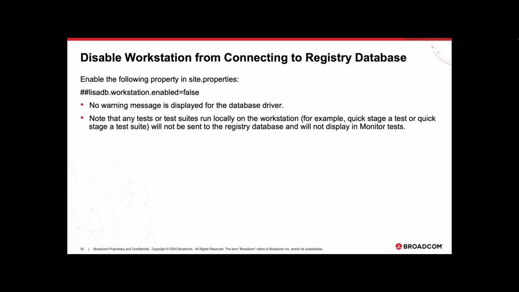But if it's connecting to registry B, where you have said I don't need to connect to the registry database, and you've identified that in your site.properties, then you won't get any error message when you launch the workstation. And it won't impact deploying virtual services, as you're still deploying those virtual services to the VSE itself. It doesn't require a database connection for anything related to the virtual services. Yeah, thanks. Absolutely.